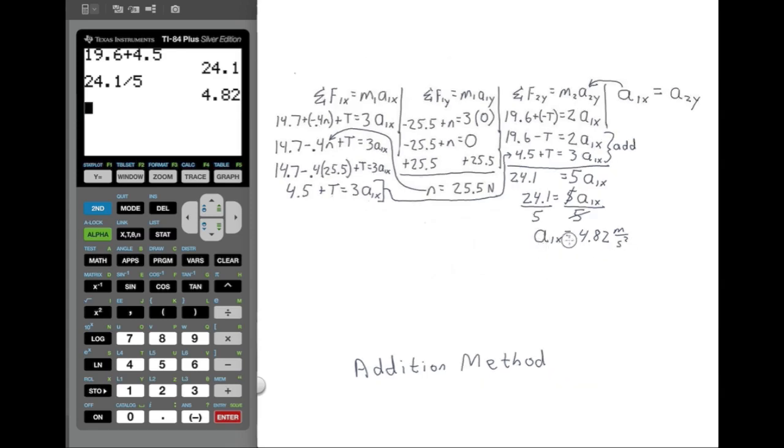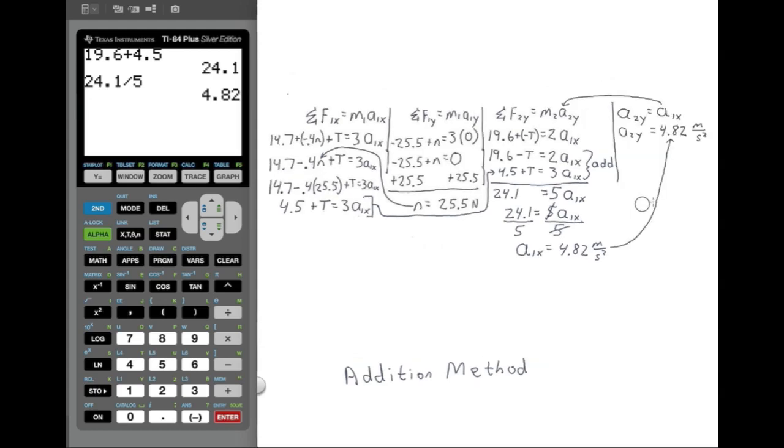We have figured out the value for a sub 1x, and now that immediately also tells us the value for a sub 2y. We know that a sub 2y is equal to a sub 1x, so a sub 2y is also equal to 4.82 meters per second squared.